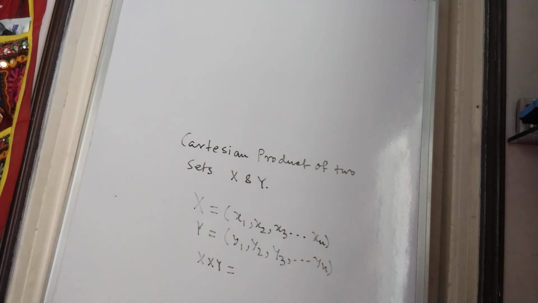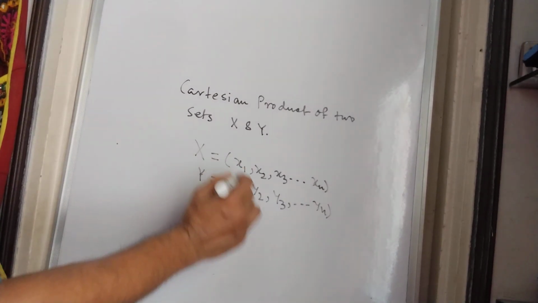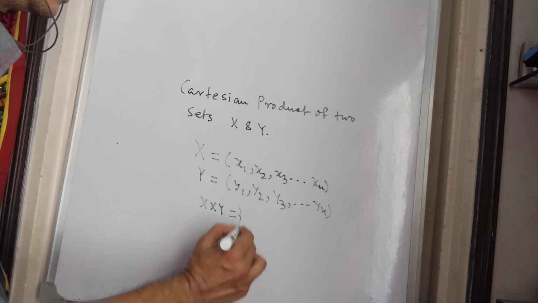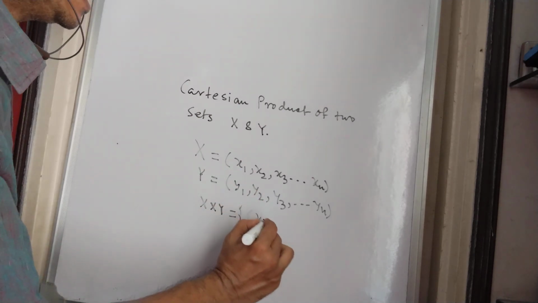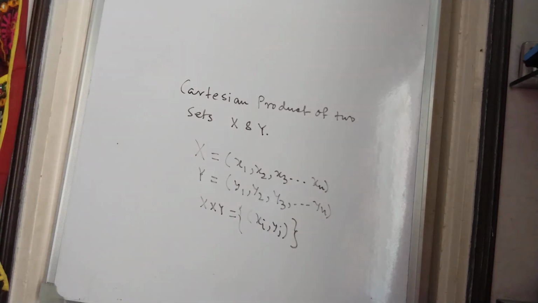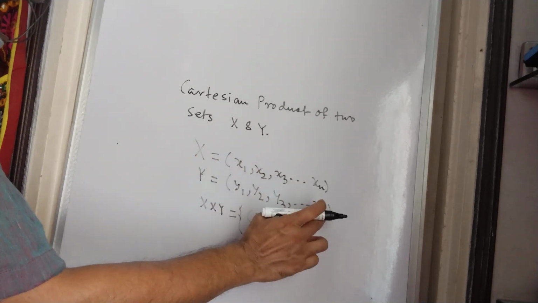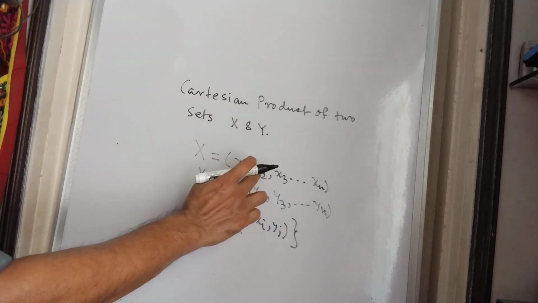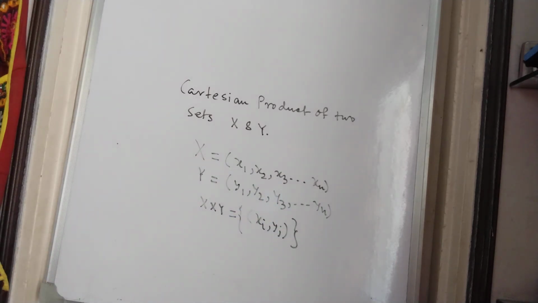termed to be the Cartesian product of X and Y, whose elements may be written as the ordered pairs of X and Y. That means we have (xi, yj) taken in all combinations: (x1, y1), (x1, y2), (x1, y3) and so on with (x1, yn), then (x2, y1), (x2, y2), (x2, y3) dot dot dot (x2, yn).